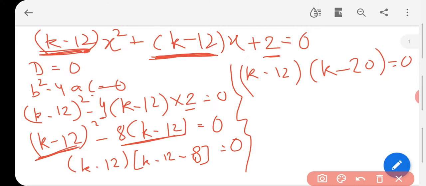So what will we do? k minus 12 is equal to 0, and in the next term k minus 20 is equal to 0.